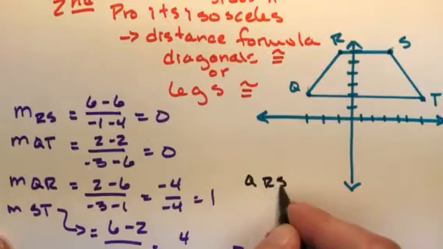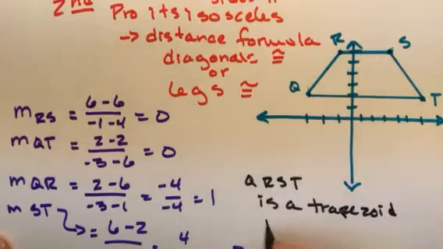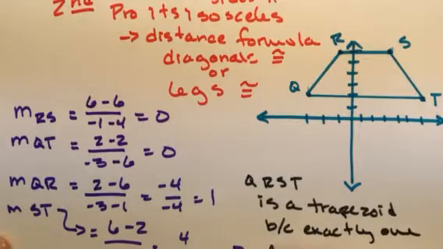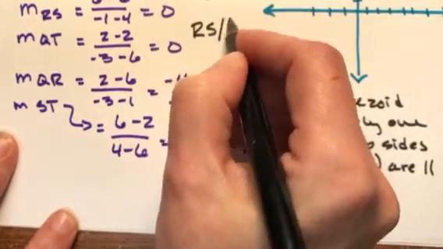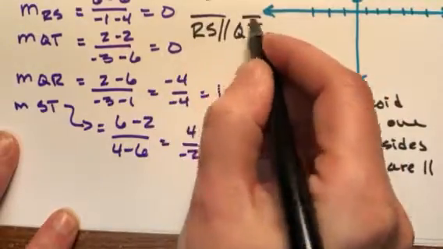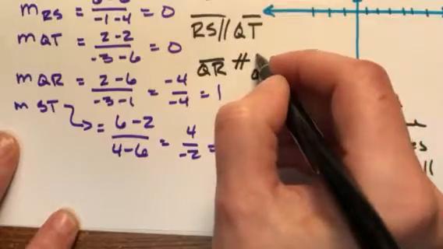So QRST is a trapezoid because exactly one pair of opposite sides are parallel. RS is parallel to QT. QR is not parallel to ST.